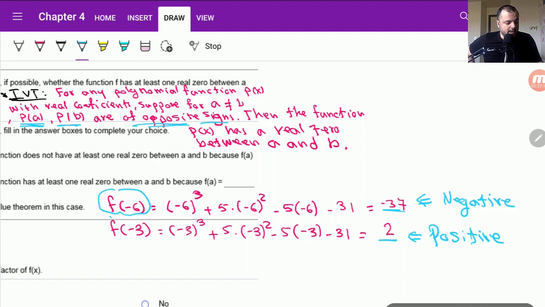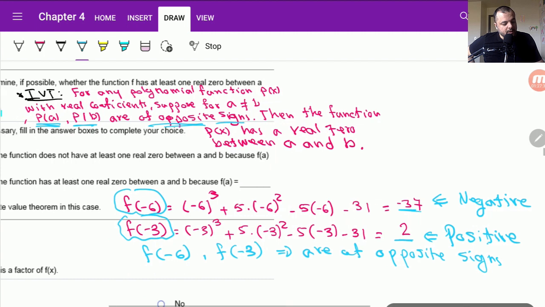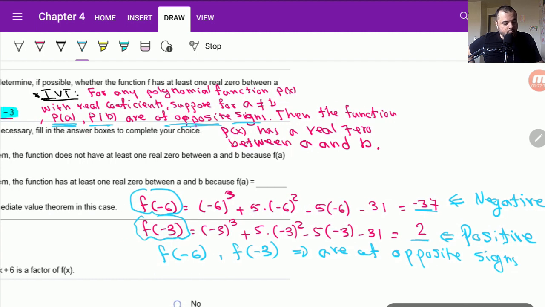F of a is not equal to f of b. So f of negative 6 and f of negative 3 are of opposite signs. So what can we conclude? Then the function f of x has a real zero between a and b.